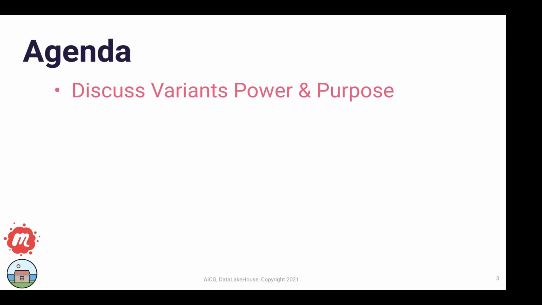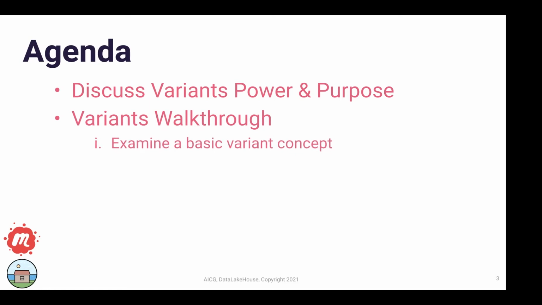And so in this session, we're going to be talking about variants, their power and purpose. We're going to get a little technical, and if we have any questions, we'll dive in a little deeper. It's going to be a quick walkthrough of the variant data type, also known as variants. If you follow the Disney Plus Loki series, variants are an exception to the rule, a case that branches away from the standard type.